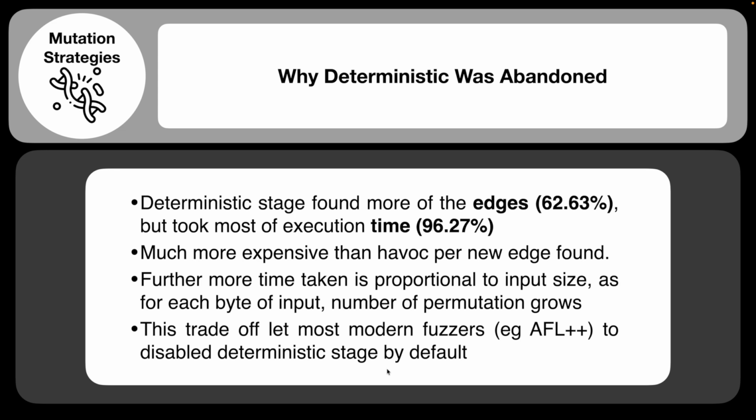What the FuzzBench paper found was that they just disabled the deterministic stage, and for a lot of test cases, it was more time efficient and cost efficient to just disable that and go straight to the havoc stage. Even if you spend 96% of the time in the deterministic stage, you get 62% of the edges, but if you gave all of that time to the havoc stage, it found most of them. So this led to a lot of modern fuzzers disabling it, like AFL++.